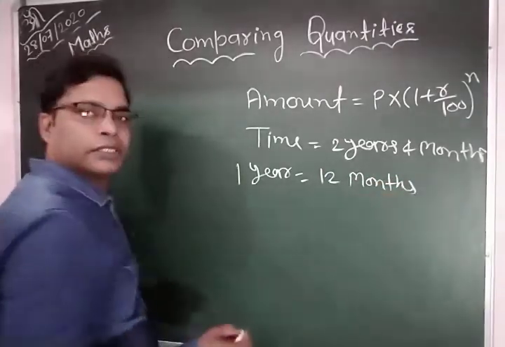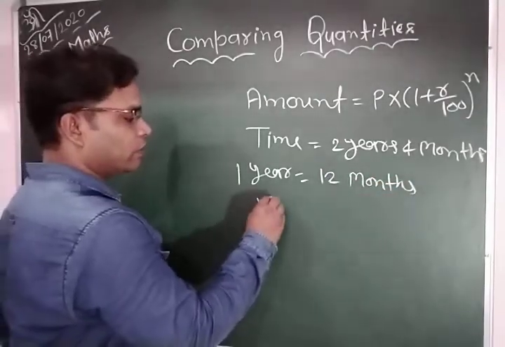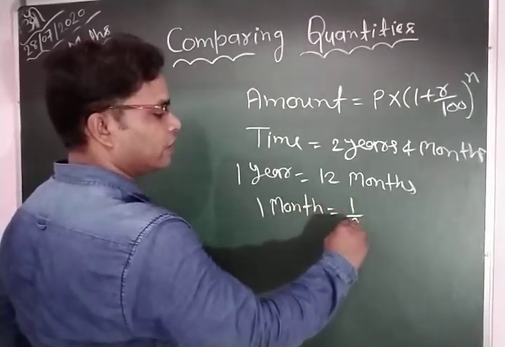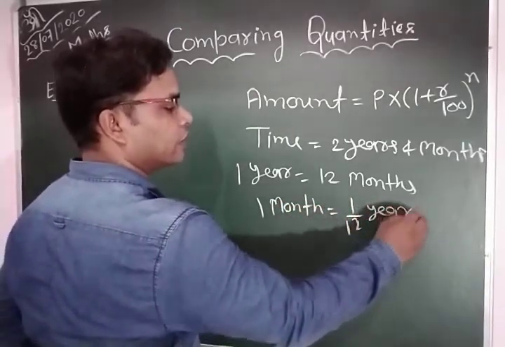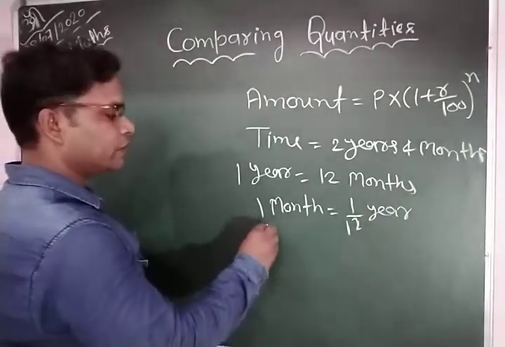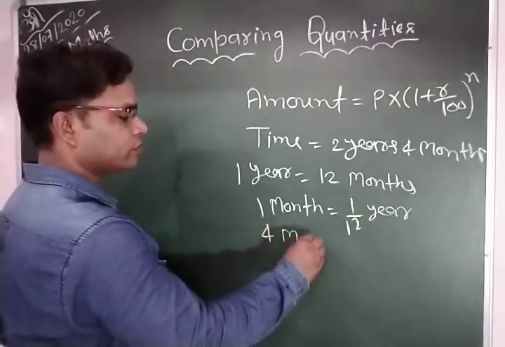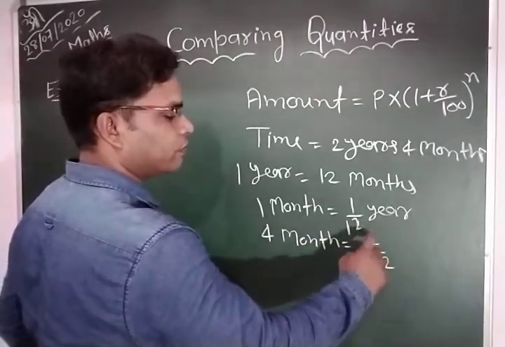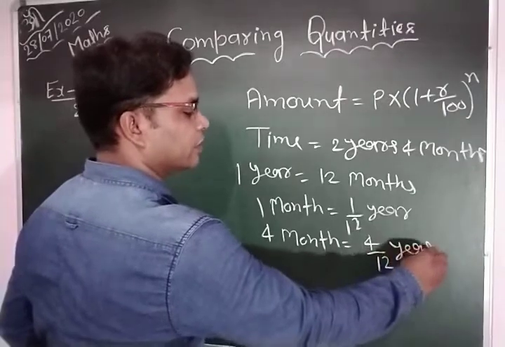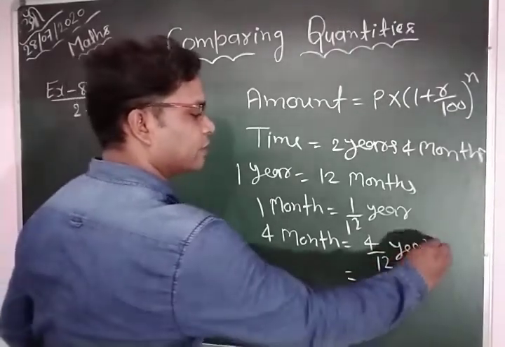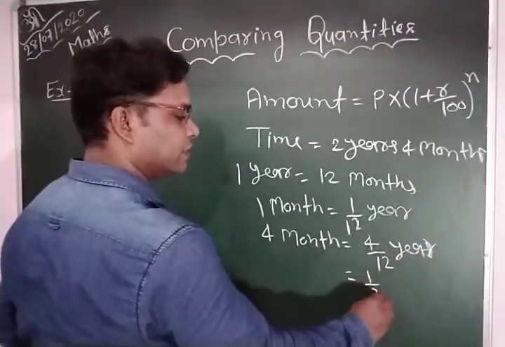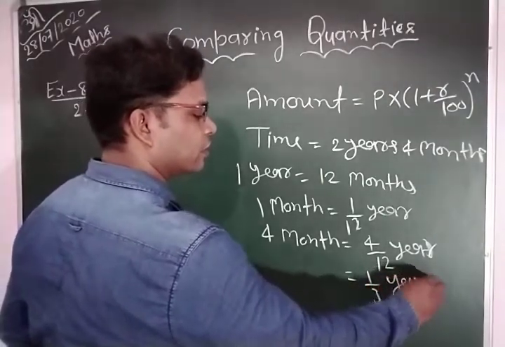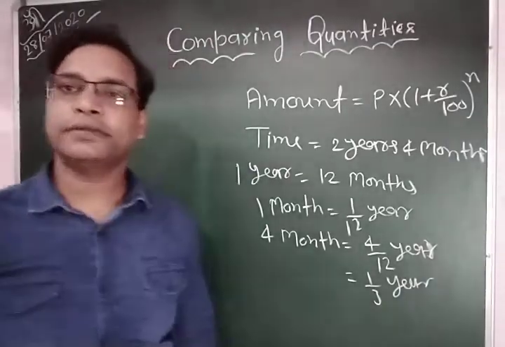Or you can say 1 month is equal to 1 by 12 year. So 4 months is equal to 4 by 12 years, or you can say 1 by 3 year. Okay, this is clear?